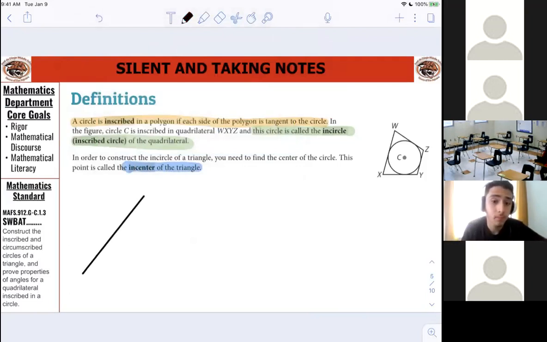While I'm drawing this out, just write down these three definitions. What does tangent mean? I'll explain that in a second. Good question.